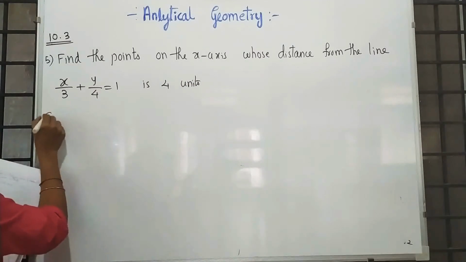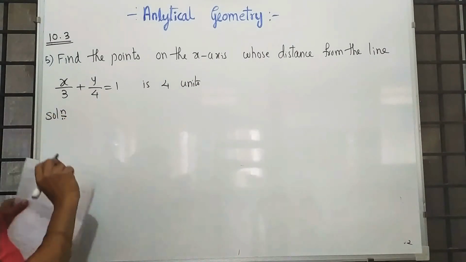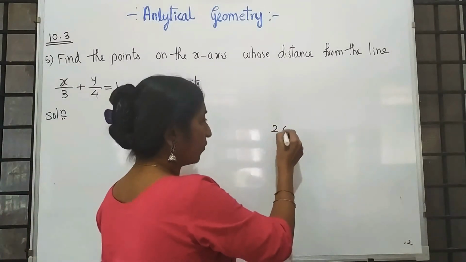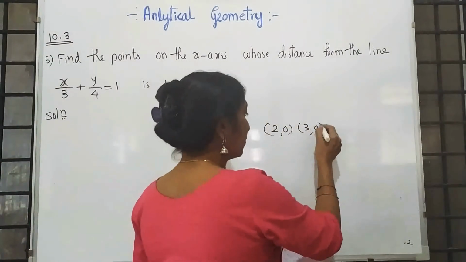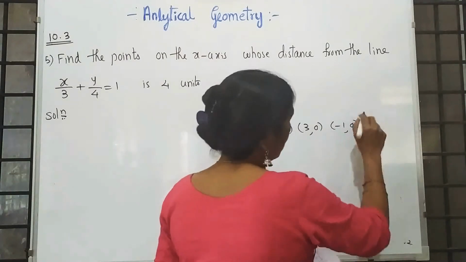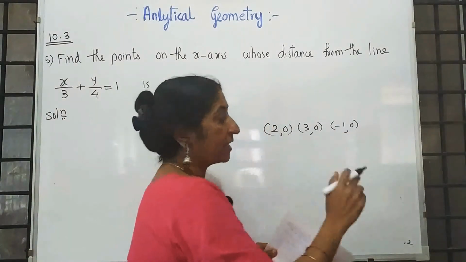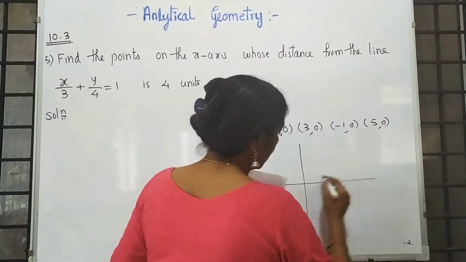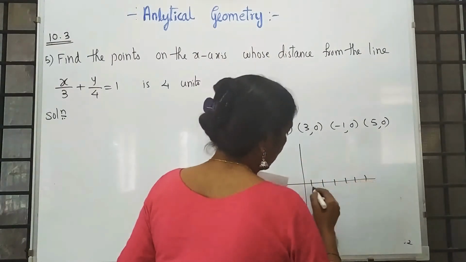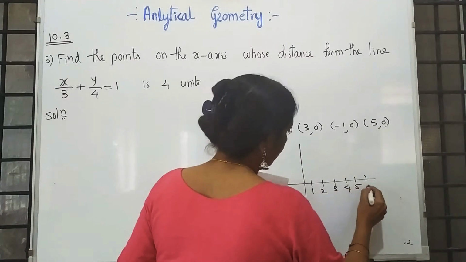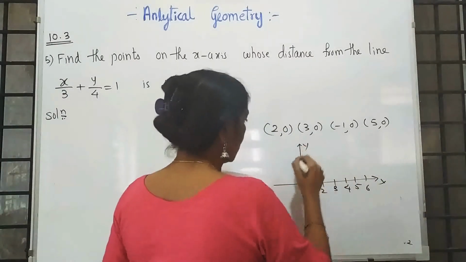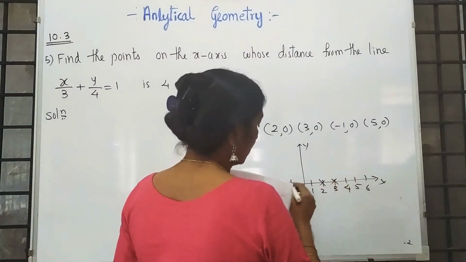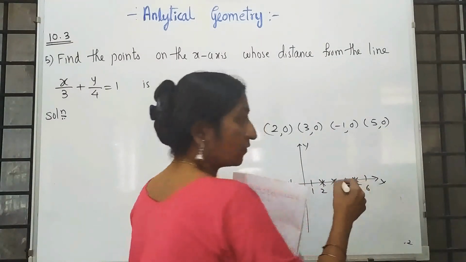Yes, perpendicular distance is given as 4 units. Before that, I will give you one hint. If I want to mark these points on the Cartesian plane, where will you mark? This is x-axis and this is y-axis. These are 2, 0, 3, 0, minus 1, 0 and 5, 0.